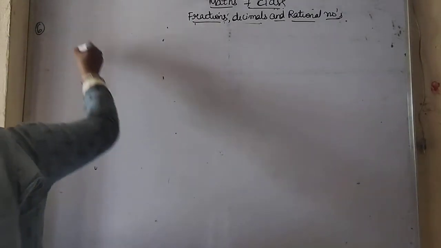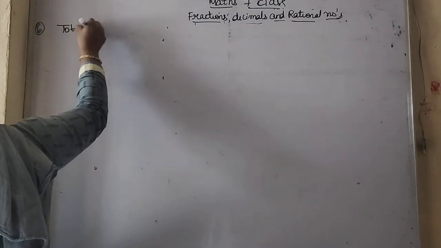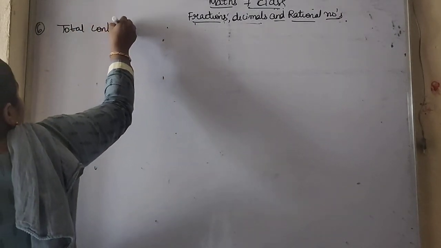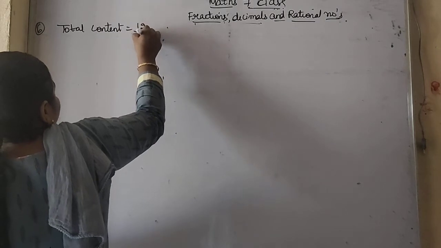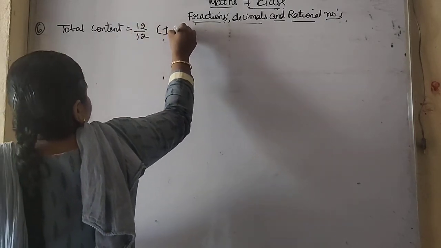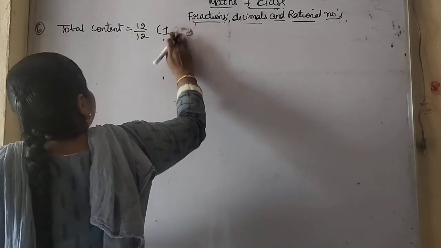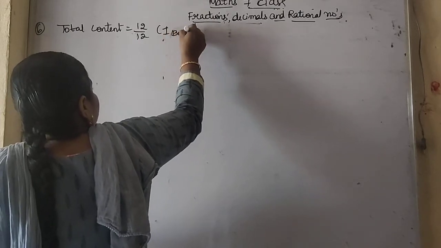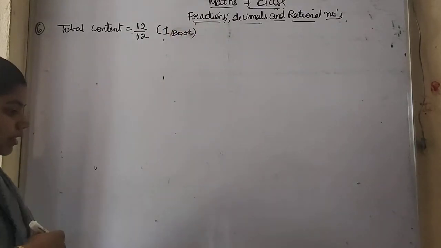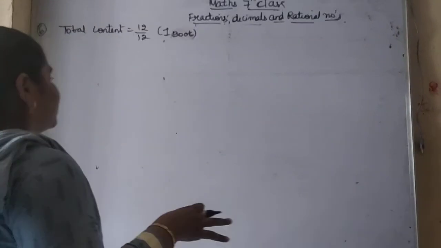So total content is how much? Total content I am taking as 12/12. 12/12 is nothing but the total one part, or you can take it as the total one book. Okay. So in this, he has completed how much? 5/12 part he has completed.